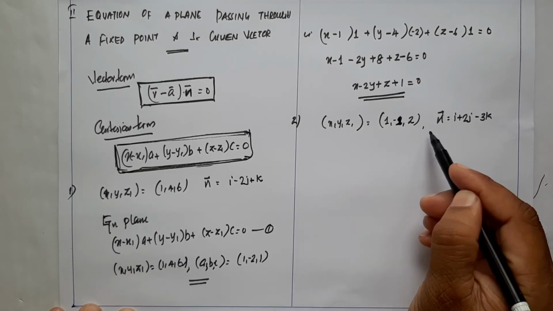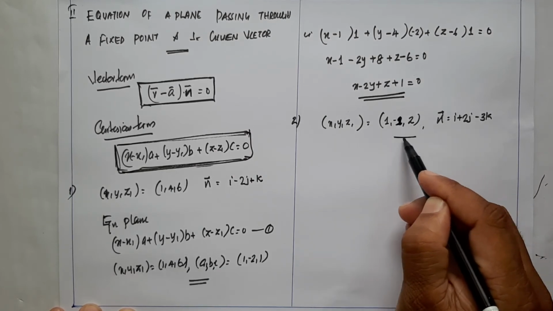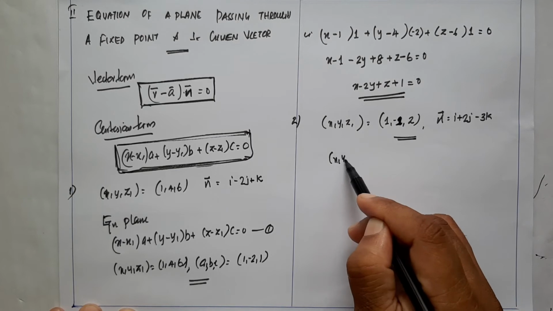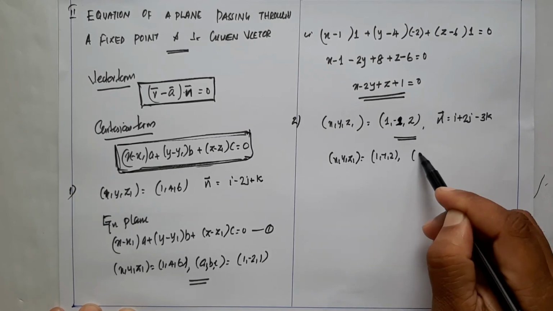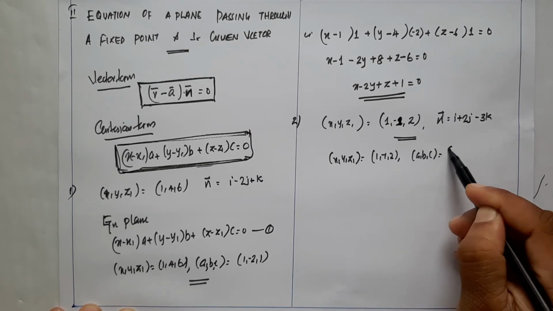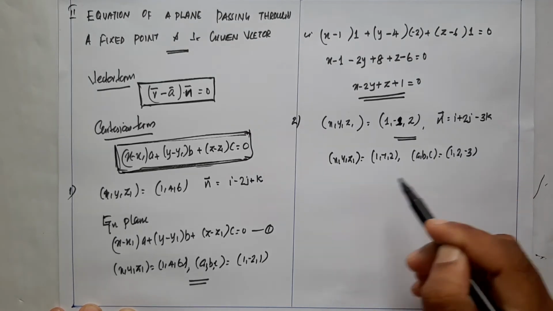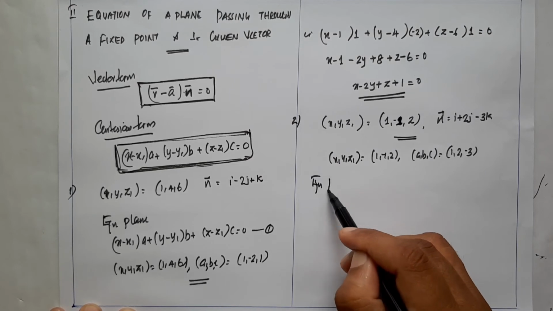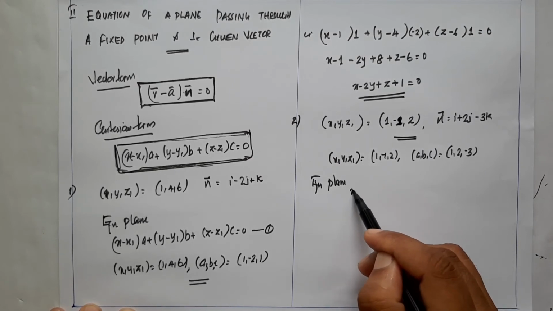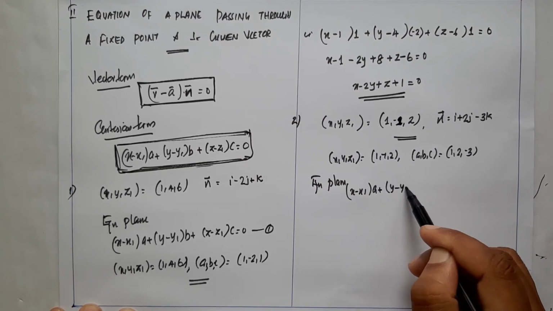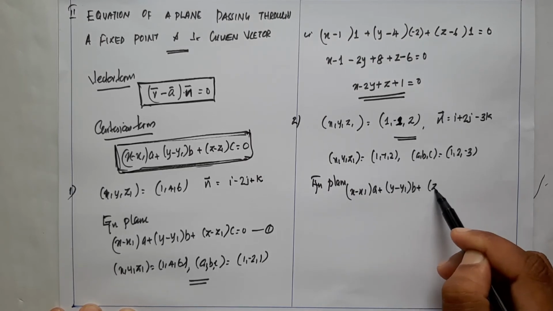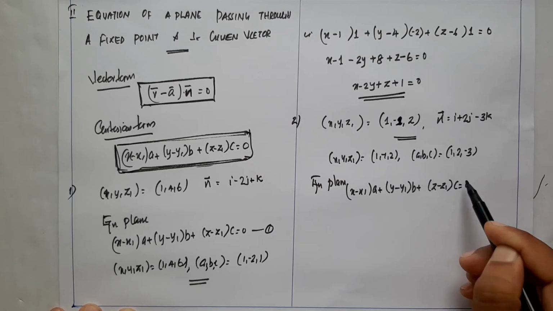Here x1, y1, z1 is already given: 1, minus 1, 2, and the normal vector direction ratios a, b, c are 1, 2, minus 3. Therefore the equation of the plane is x minus x1 into a plus y minus y1 into b plus z minus z1 into c is equal to 0.